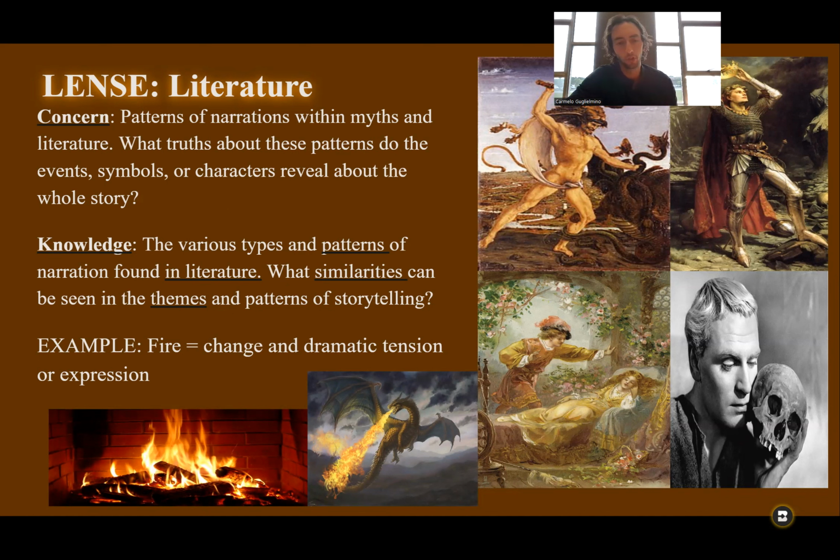It is a symbol of change and dramatic tension or emotional expression in a piece of art. Okay, so you think back to any mythological examples, any famous films, any good novels that you could think of. We see fire present at moments of intense change and particularly dramatic tension.